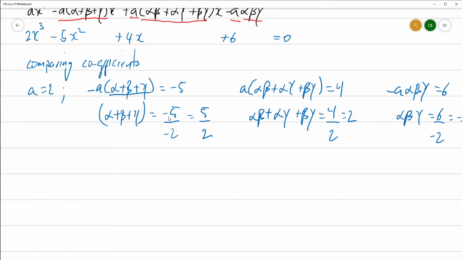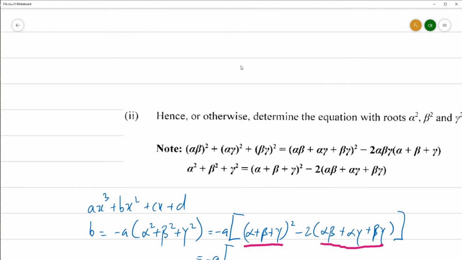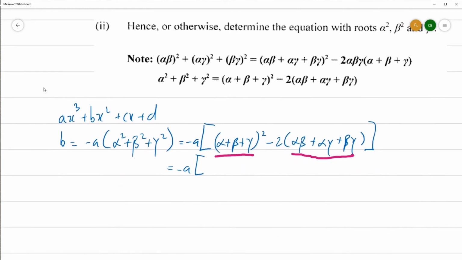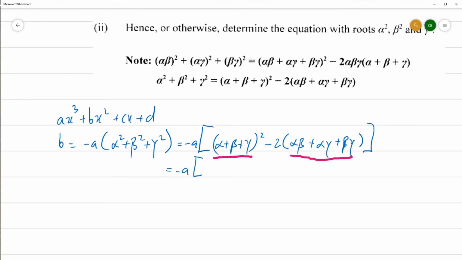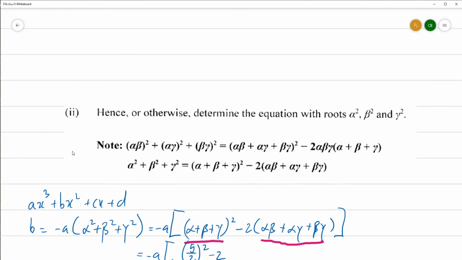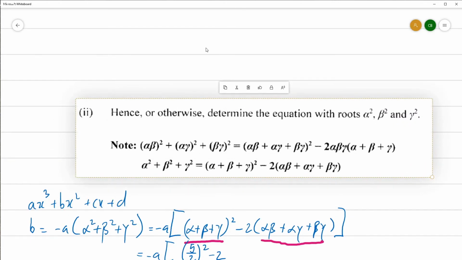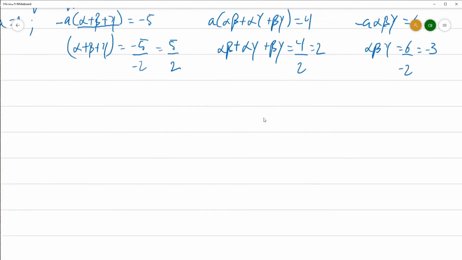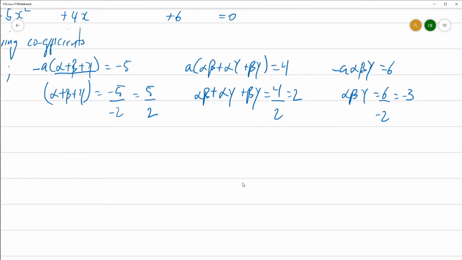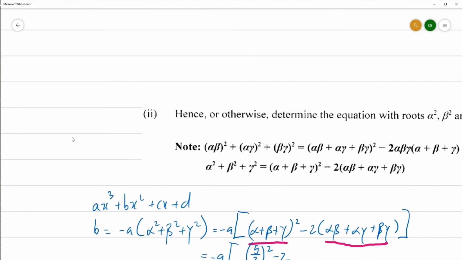Alpha plus beta plus gamma is 5 over 2. So this is 5 over 2 squared minus 2. What is the product of these roots? I think we got that to be 2. That's very handy.